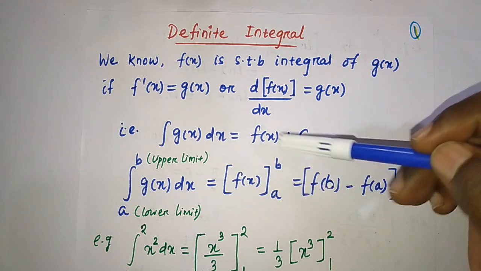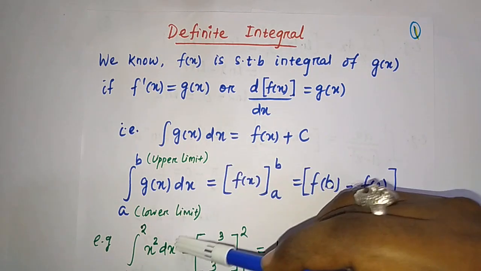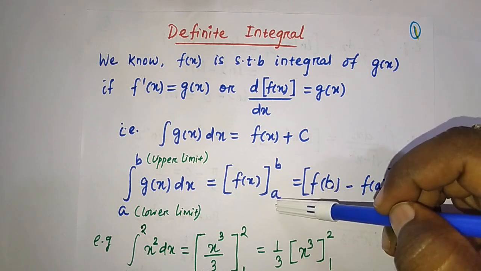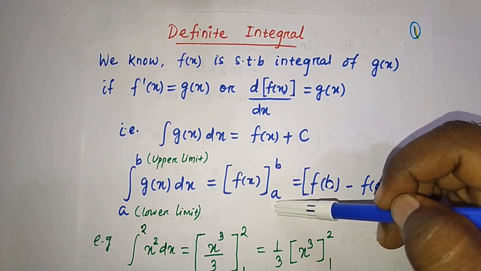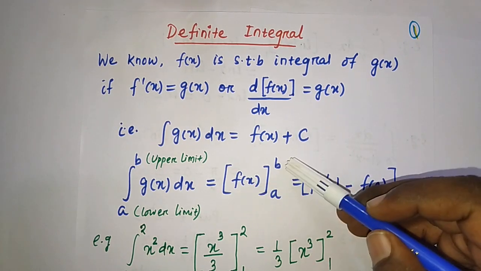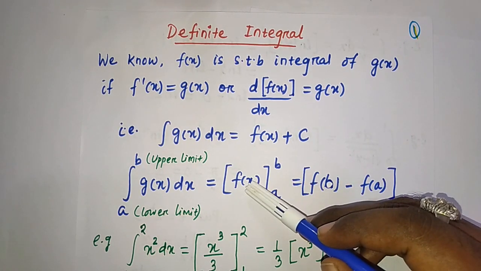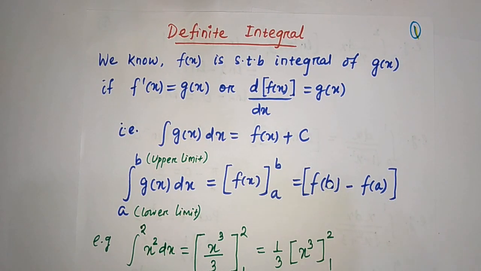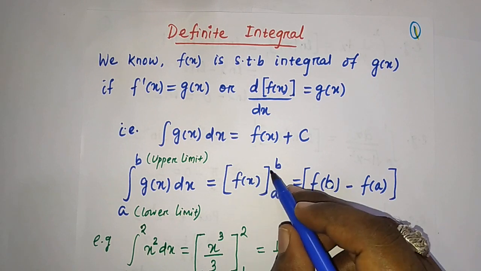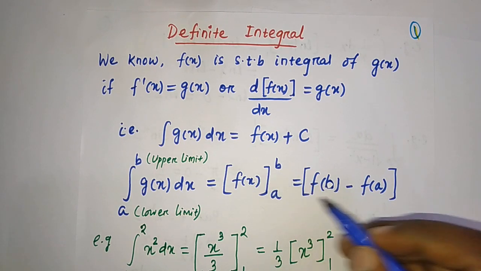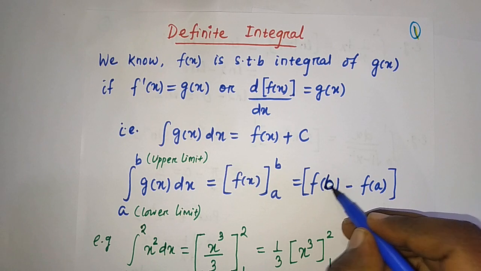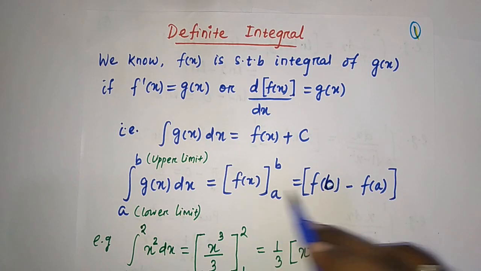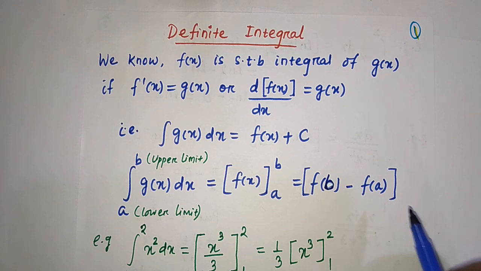After that we put b in place of x and a in place of x. I have written f of x from a to b, which means f of b minus f of a. The formula for this is f of b minus f of a.